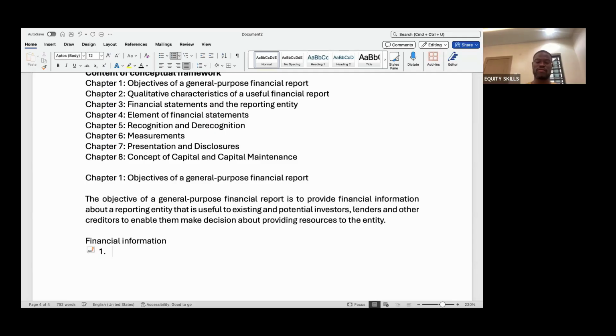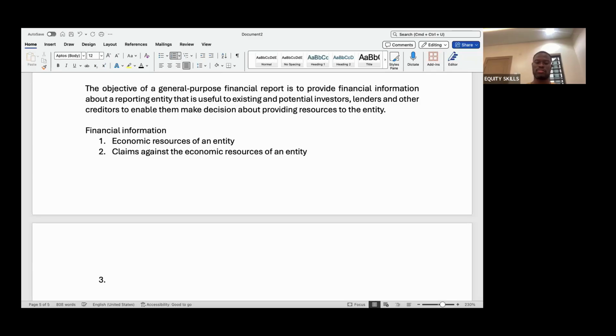The information itself are: one, economic resources of an entity. Number two, claims against the economic resources of an entity. Number three, changes in the claims and economic resources. These are the information we provide to users anywhere, anytime, in every IFRS.